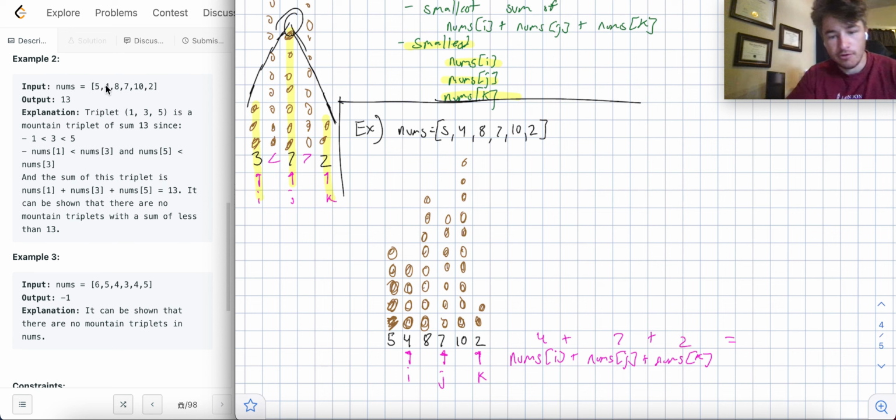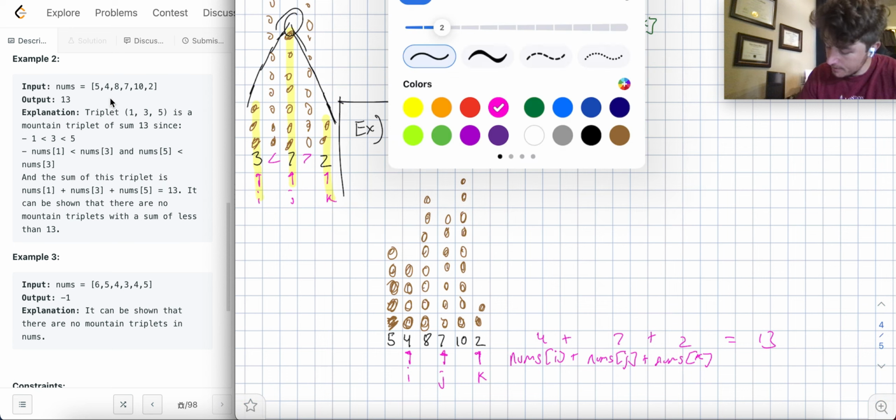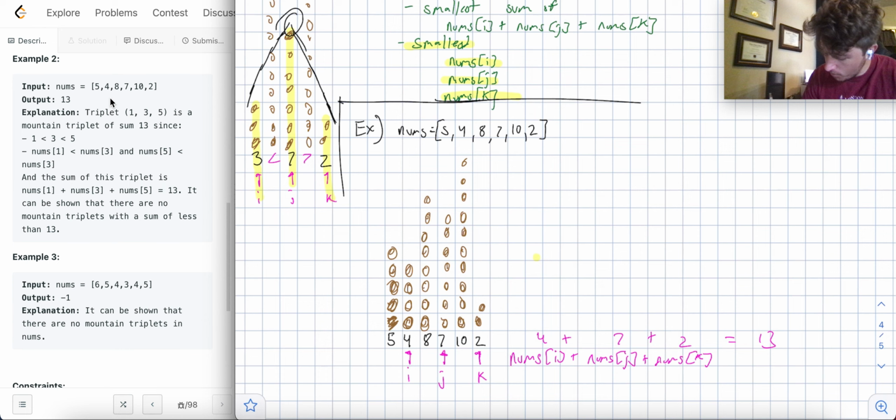Okay. Now, the mountain that we're looking at here is this 4, this 7, and this 2. And that looks something like this, right? Now, again, we're kind of crossing through two things that are increasing, so it's not the most standard way of thinking about a mountain, but we have something on the left that's smaller and something on the right that's smaller.